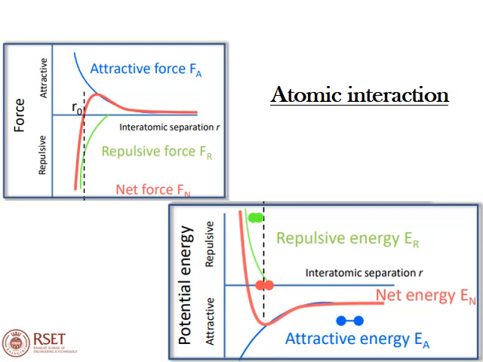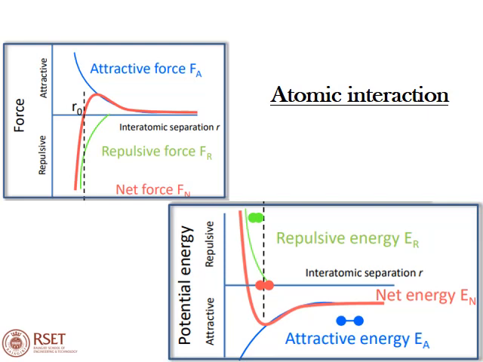Above that on the graph, there will be more repulsive energy for the atoms. If the atoms get closer together, there is a large possibility of repulsive energy being generated between the positive nucleus and the negative electrons.